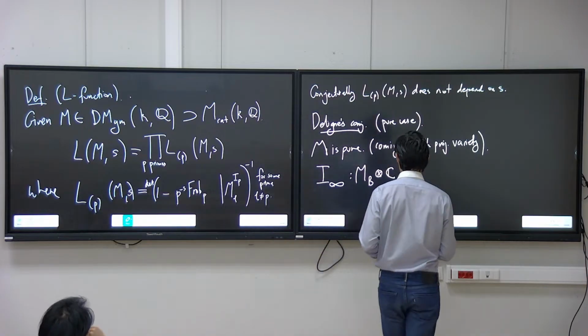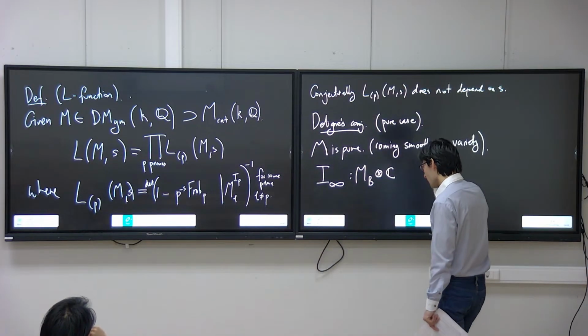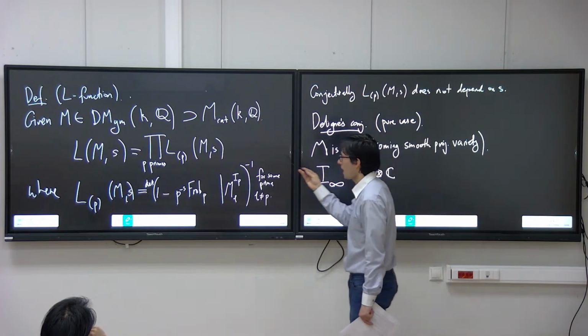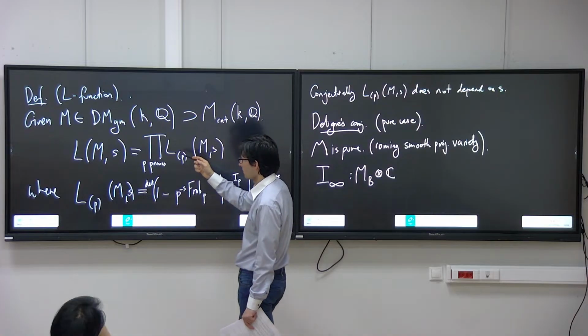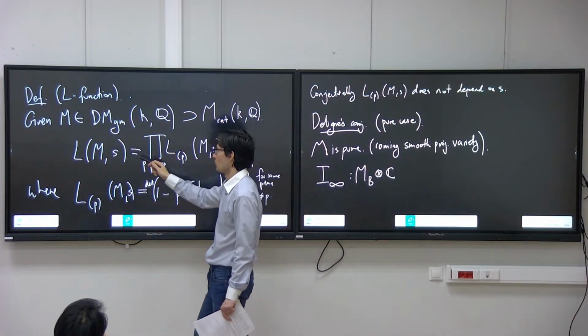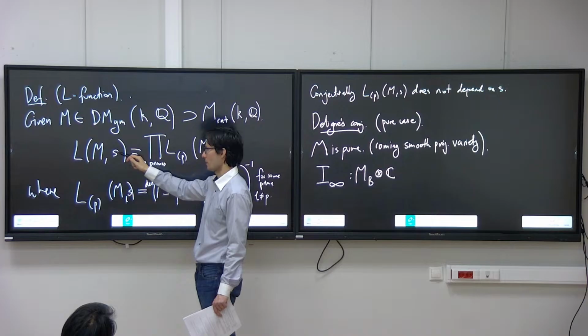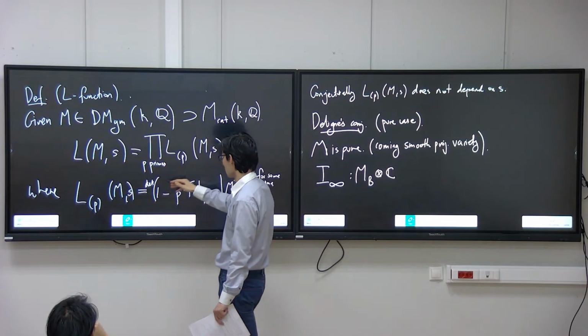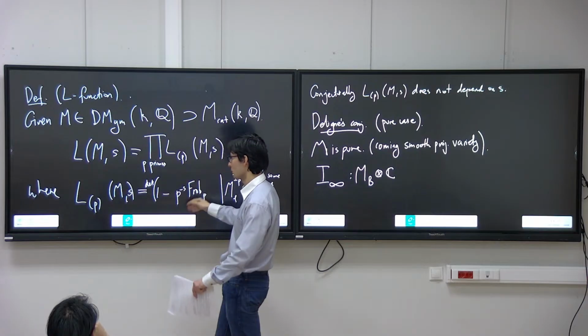Thanks. So, as I mentioned in the beginning, Deligne's conjecture is about what happens to the L-function when we can actually evaluate it, at points s where it is non-vanishing or does not have a pole.